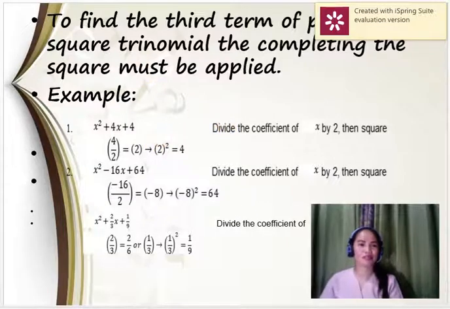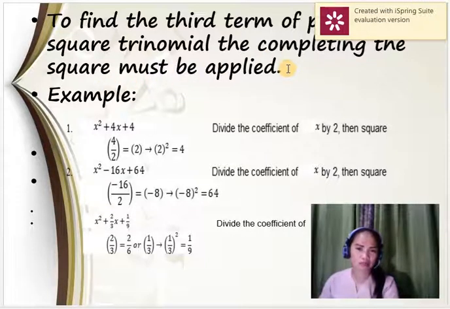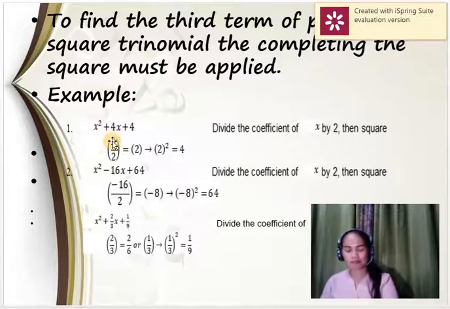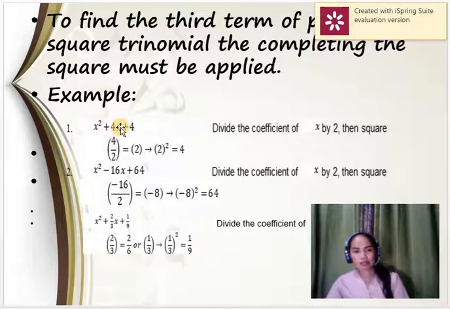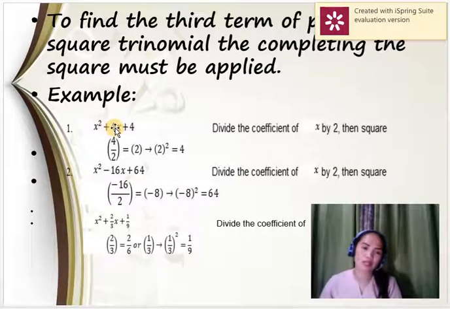Another thing: to find the third term of a perfect square trinomial, completing the square must be applied. For example number 1, we have the same example.